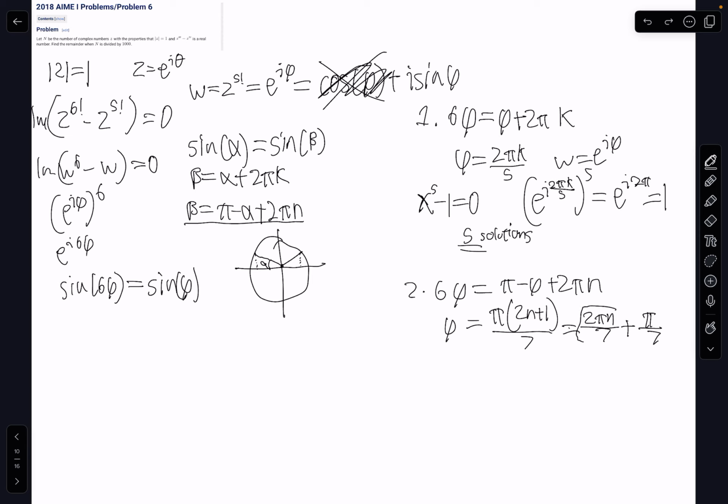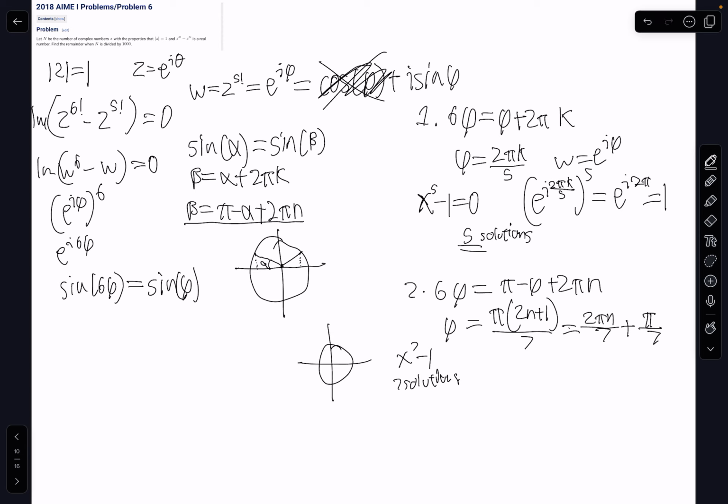But the core part that's actually changing here, the part with the variable, 2 pi n over 7, we know that this is going to be the 7th roots of unity, like the 5th roots of unity here, solutions to x to the 7 minus 1. And we know that must have 7 solutions, right? But we're just adding a constant angle here.